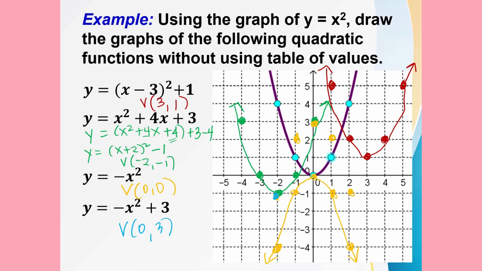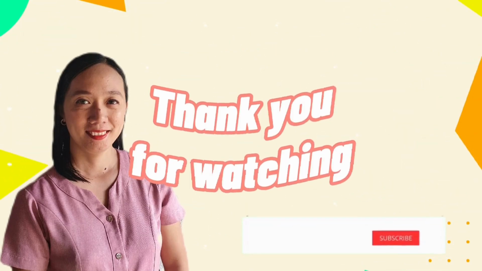Gawin natin kulay blue para makita nyo yung pang-apat. Ayan. So, yun po yung minove. And then, draw the graph. Curve line. So, ito po yung pang-apat na ang given ay y equals negative x squared plus 3. Ang i-minove natin ay yung y equals negative x squared kasi parehas silang downward. So, that ends the lesson.